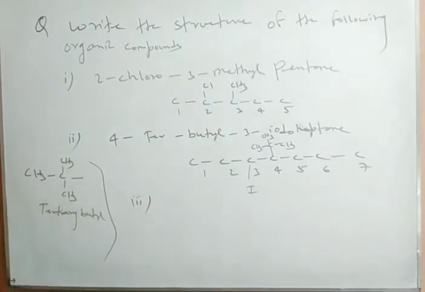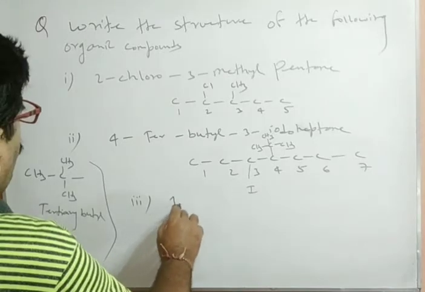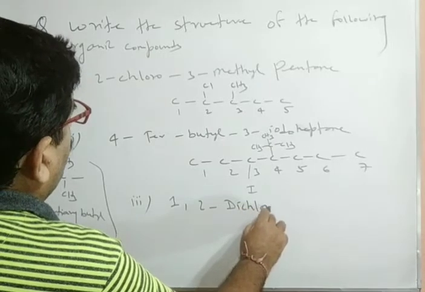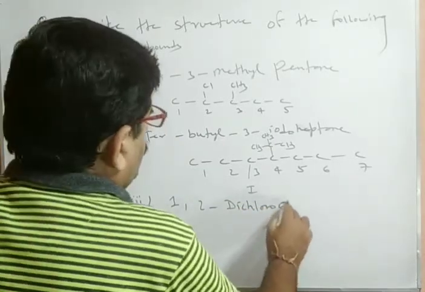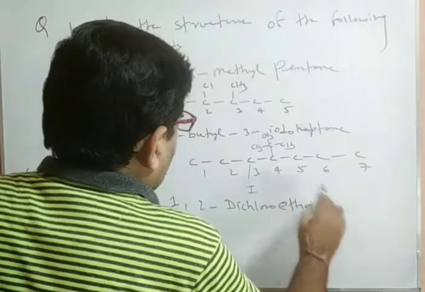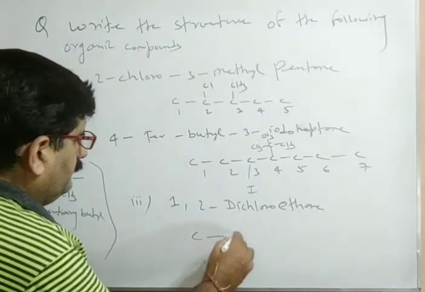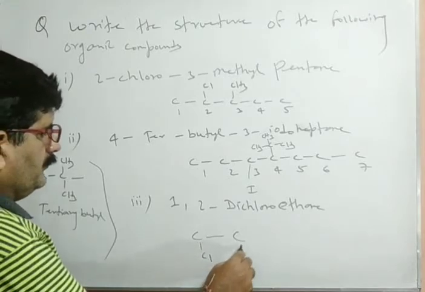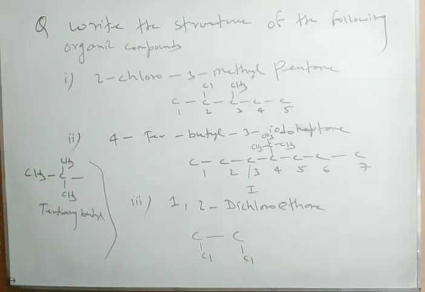Next one, suppose 1,2-dichloroethane. Ethane means 2 carbon atoms. 1, 2. Other ends are satisfied by hydrogen.